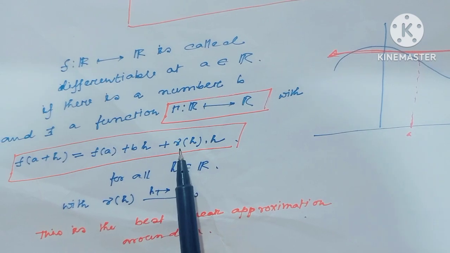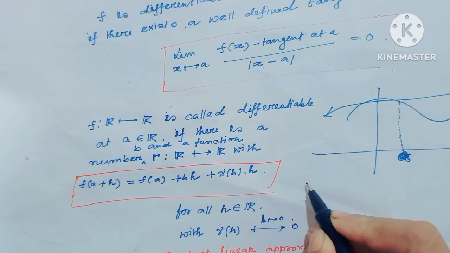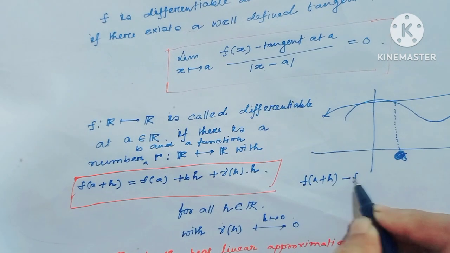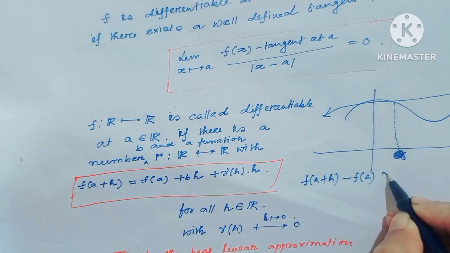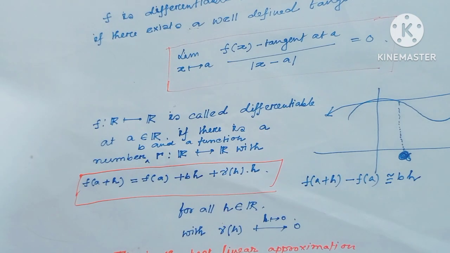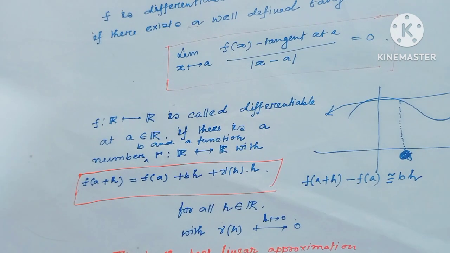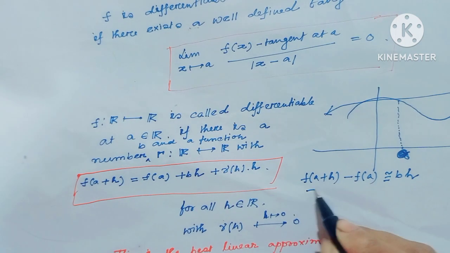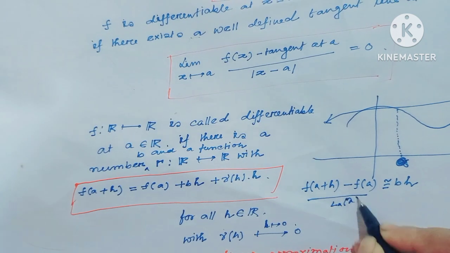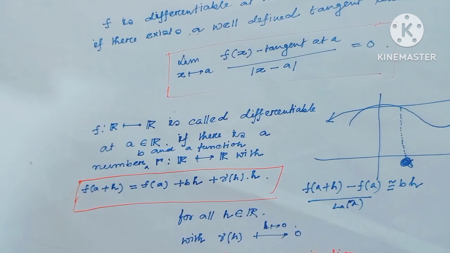Here, f(a plus h) minus f(a) is approximately equal to b h, and this is the linear approximation. Consider this as L of h.